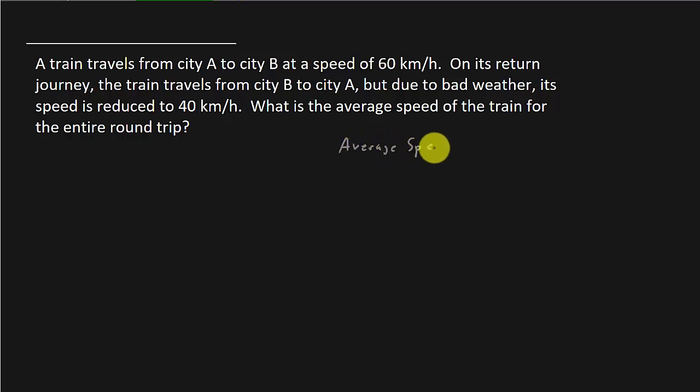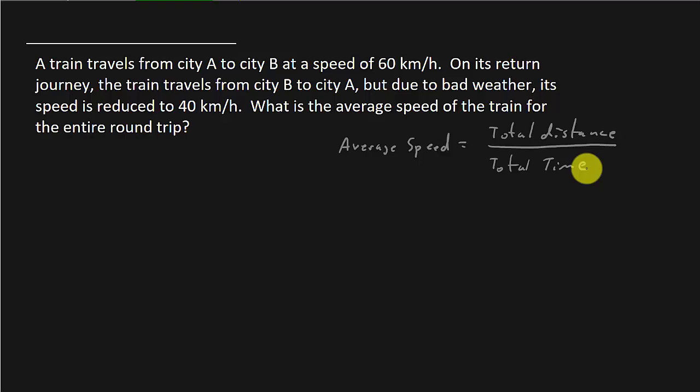Average speed is equal to the total distance divided by the total time. All right, that's what we need. So we need the total distance and we need the total time.